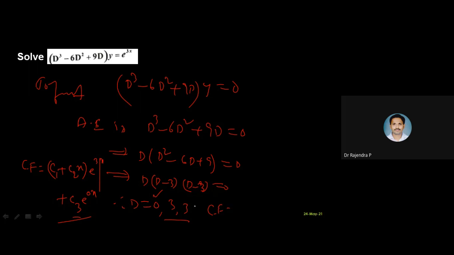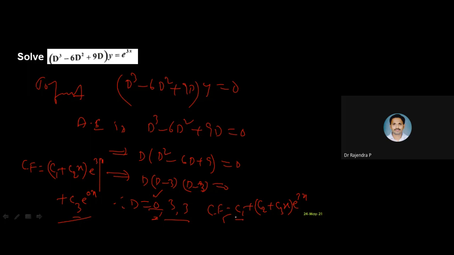Otherwise I can write it in this way also. Complementary function: I may take the first root, 0, which is the distinct root, something like this: C1 plus the remaining two roots are real and equal, so I can take (C2 plus C3x) into e power 3x. This is also correct. The first root is C1 into e power 0x, and e power 0x is 1.